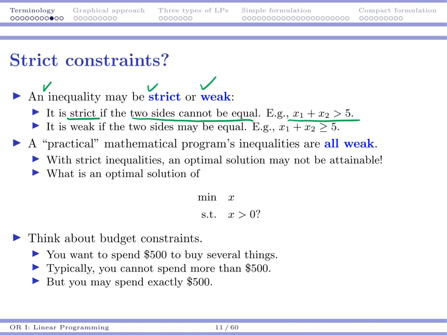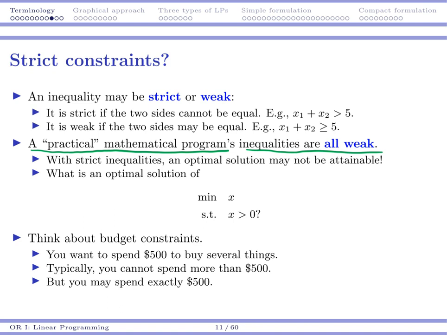It is a weak inequality if the two sides are allowed to be equal. In mathematics, both are possible, but in OR, for practical applications, inequalities are always weak. We only work on weak inequalities in this course.